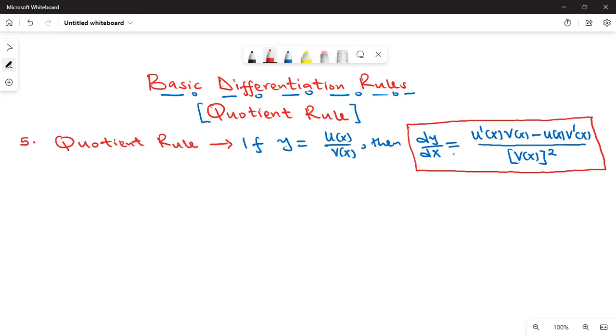So when do you apply the quotient rule? When you have a rational function.